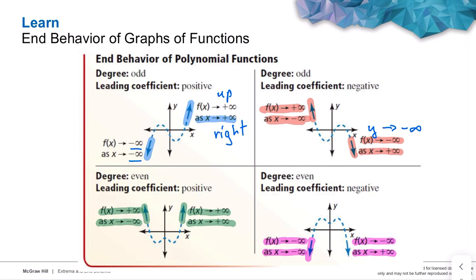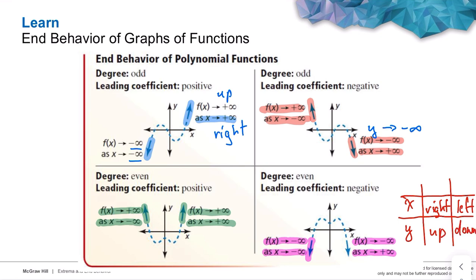Okay, something that may help you here. If you have x and you have y, or f of x, x is always right or left. Y is always up or down.